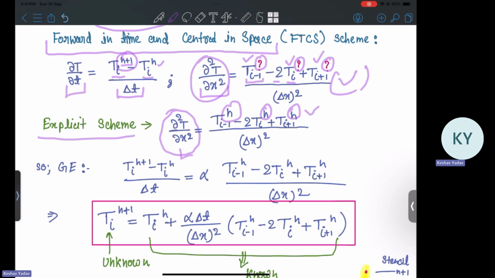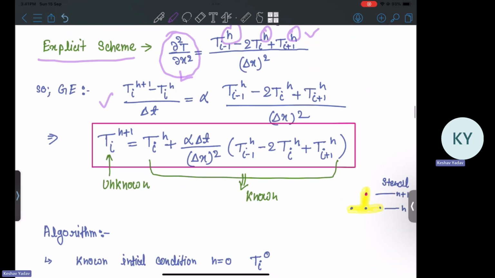Okay. So if we now put this value in the governing differential equation, we get Ti at n+1th time minus Ti at nth time divided by delta t, equal to alpha multiplied by the central difference scheme, T at i-1 at nth time minus 2Ti at nth time plus Ti+1 at nth time, divided by delta x square.